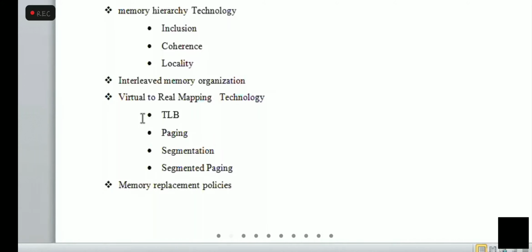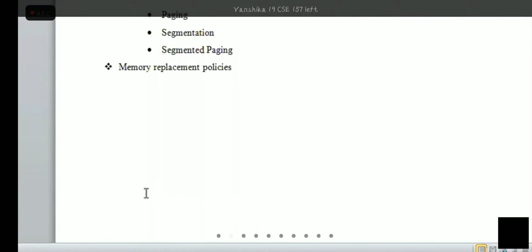We will also discuss page number, page table entry, page offset, inverted page, etc. This is a part of operating system. You already learned this topic in operating system: virtual to real mapping, virtual memory, paging, segmentation, segmented paging, TLB. Now the last topic is memory replacement policy.